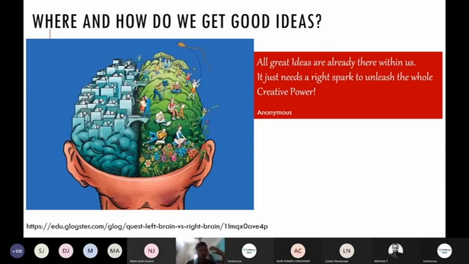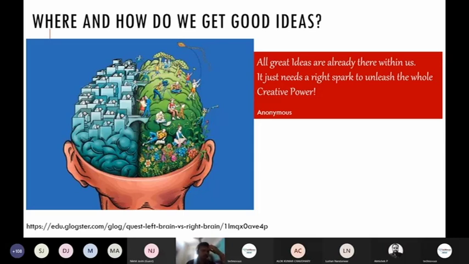Whereas the left side is more logical, rational. Somehow we have become left-brained people, continuously working only on rationals, logic, simulation, data, and you can't take the decision intuitively. That's the logic. Now, which one is right? Both are right in their own way, and we need to utilize the power.